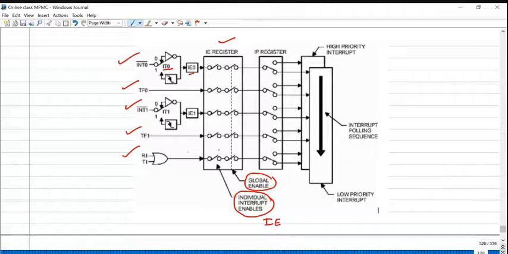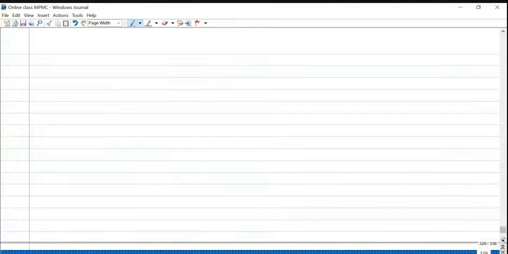Okay, once we have enabled all the interrupts, then with the help of the interrupt priority register, we can assign the priority manually, apart from the default one. So this is the interrupt structure of the 8051 microcontroller. I'll complete the rest of the topic, then I'll come to some small programs and how to give them priority.